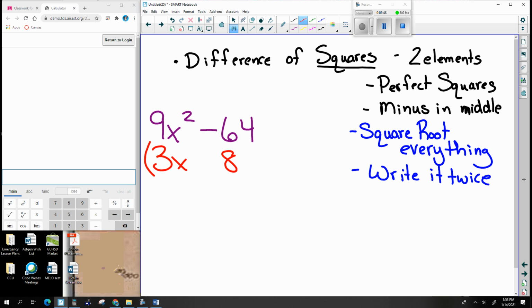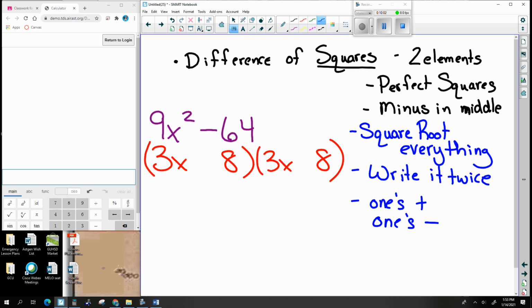Write it twice. One's plus, one's minus. So plus, minus. Huzzah. There you go. Difference of squares.